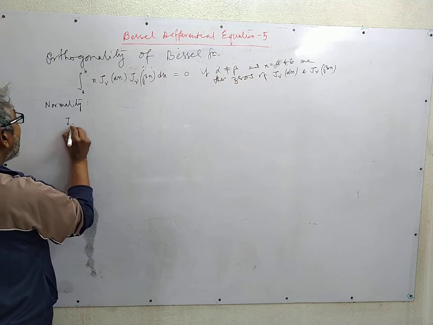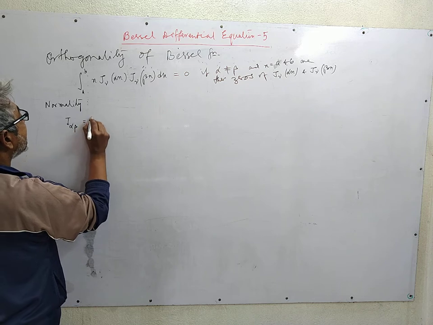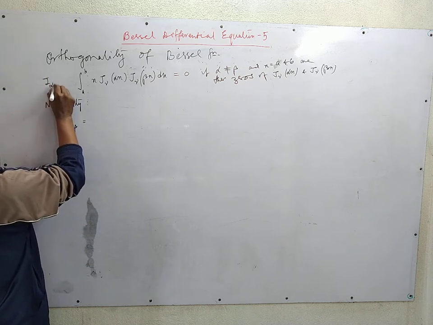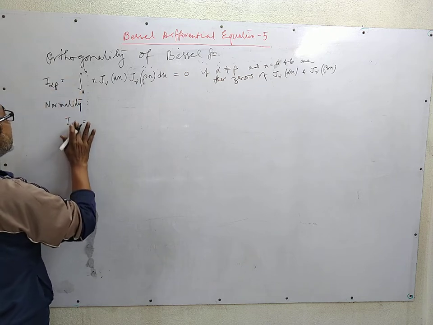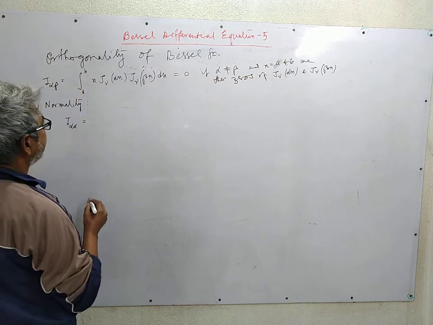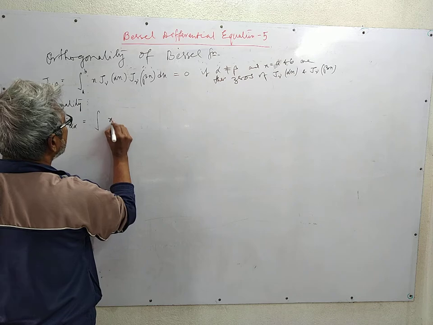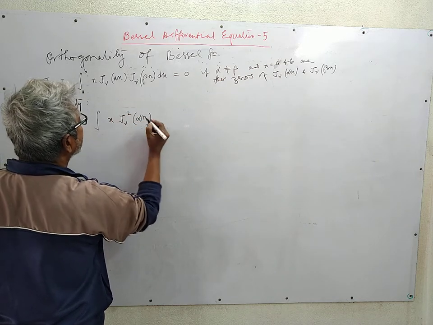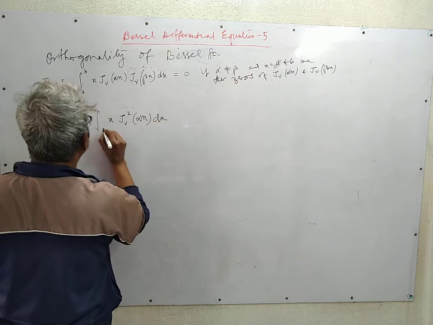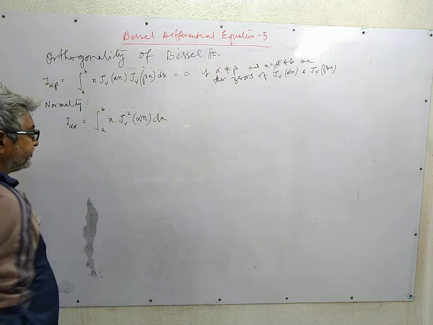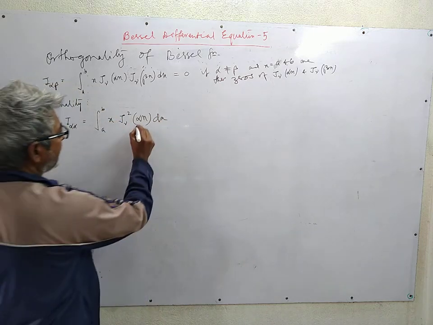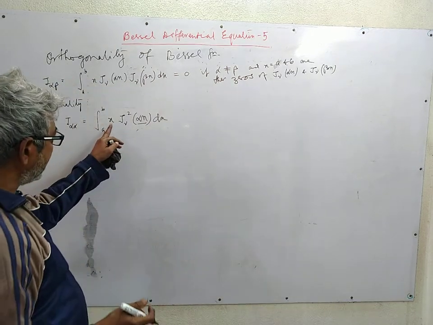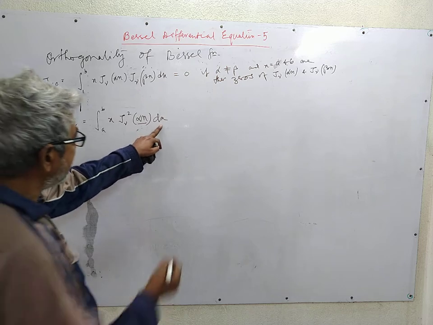We define I(alpha, beta) integration. So we define I(alpha, alpha) is equal to the integral from a to b of x [J_nu(alpha x)] squared dx. We switch over from alpha x to u, so that we should multiply this by alpha, this by alpha.